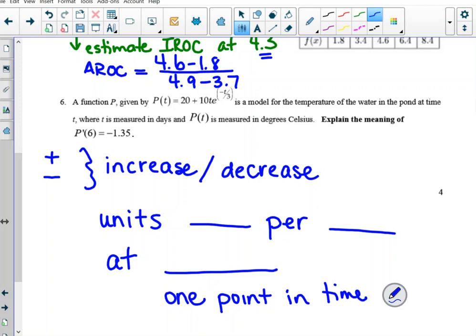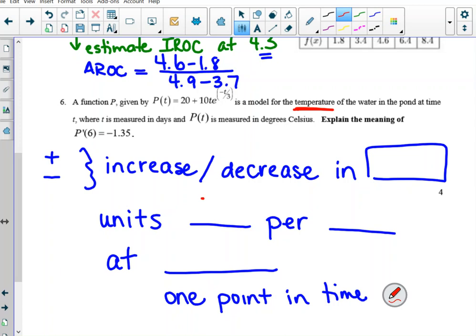It's the decrease in what? Read this problem. What are we talking about measuring as our output? Degrees Celsius, so a temperature. So an increase or decrease in the temperature. So this is a problem about temperature.